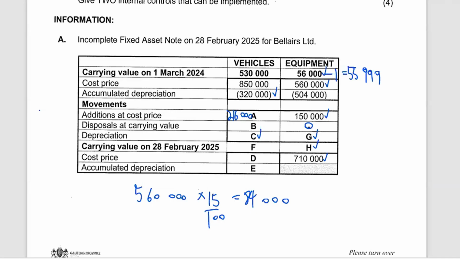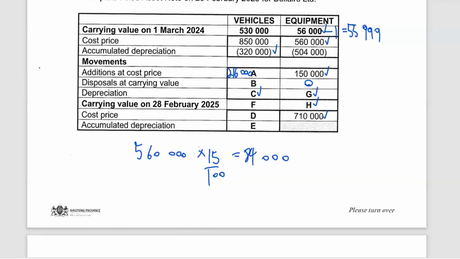H, we are calculating the carrying value at the end. So we're going to say our carrying value at the beginning, which is 56,000, plus our additions at cost, which is 150,000.